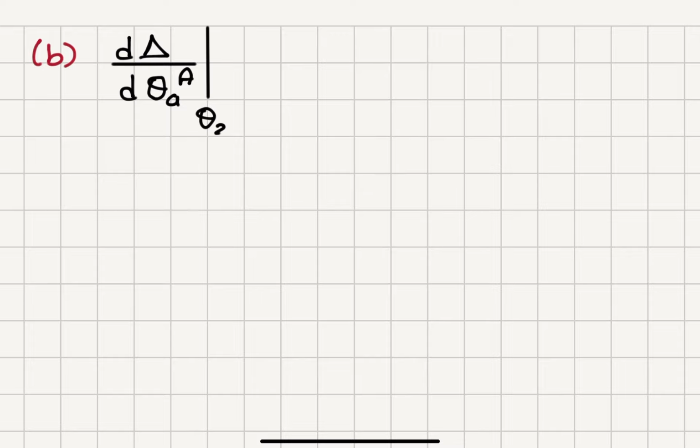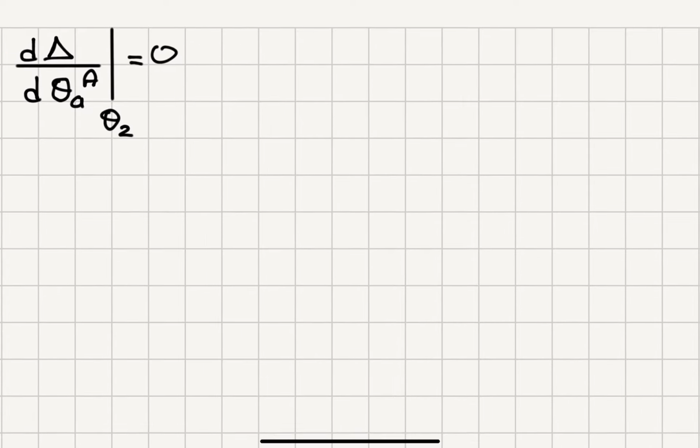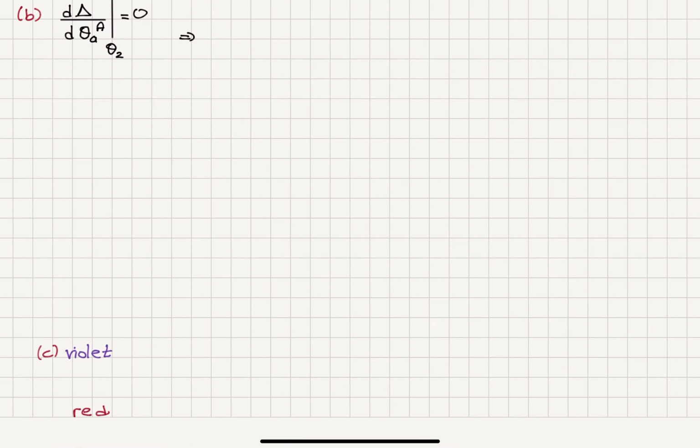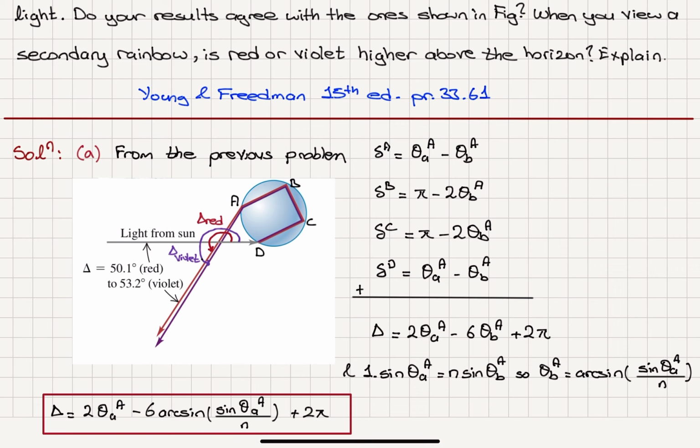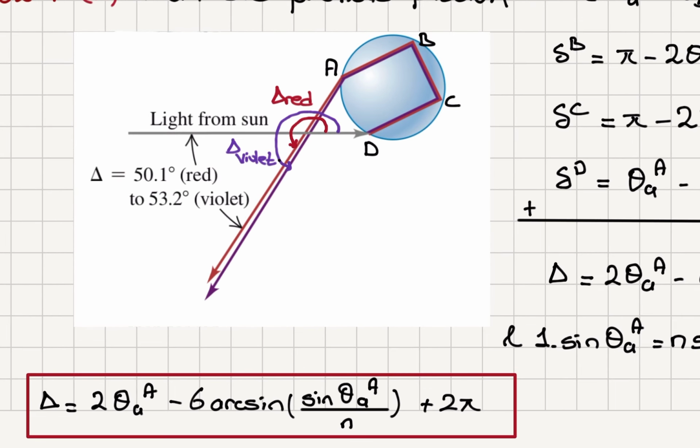So the derivative of the deflection, d delta with respect to the angle of incidence at point A, evaluated at the critical value theta 2, is equal to 0. So this derivative, if we look at our result here, the first term, the derivative with respect to theta A, will give us 2.